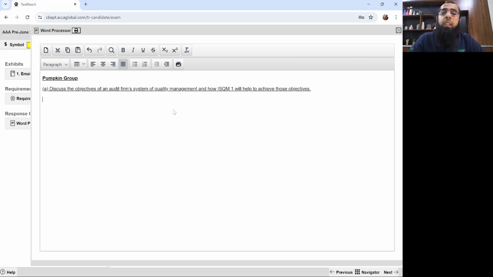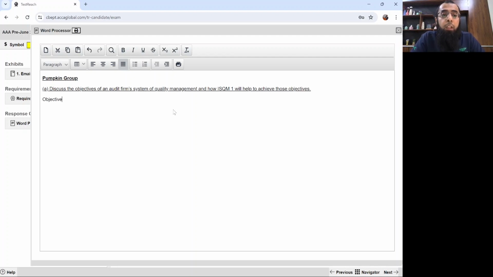So first of all, discuss the objectives of an audit firm's system of quality management. What is the objective of a system of quality management? The objective is that the firm and its personnel, meaning employees, fulfill their responsibilities, which are legal and professional responsibilities, and the engagement partners issue appropriate audit reports.